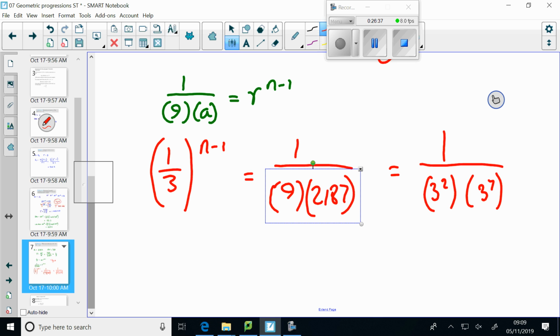How can I write that as 3 to the 1 power? Now what? How can I take that power outside?